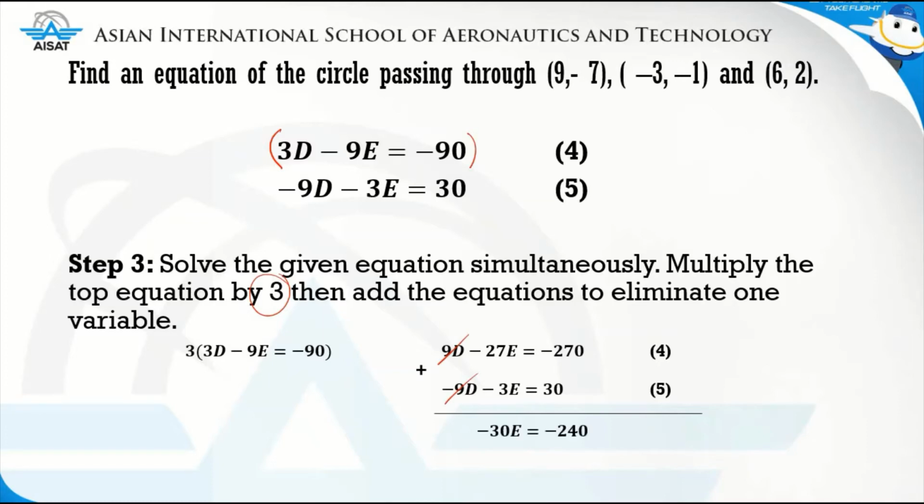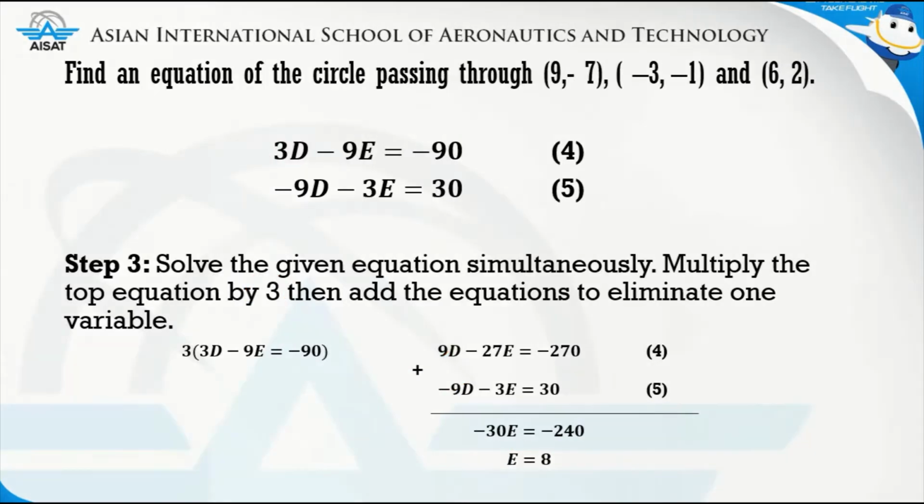We will have negative 30e, and adding negative 270 and 30, we will have negative 240. Now, to solve for the value of e, we have to divide both sides by negative 30, okay? And we will have e is equal to 8.